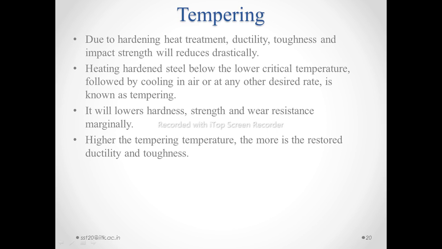We lost the ductility and toughness totally. To improve these mechanical properties, we do a post heat treatment process after hardening, that is the tempering process. Heating hardened steels below the lower critical temperature, followed by air cooling or other desired rates, is known as the tempering process. It is mainly a post heat treatment process.